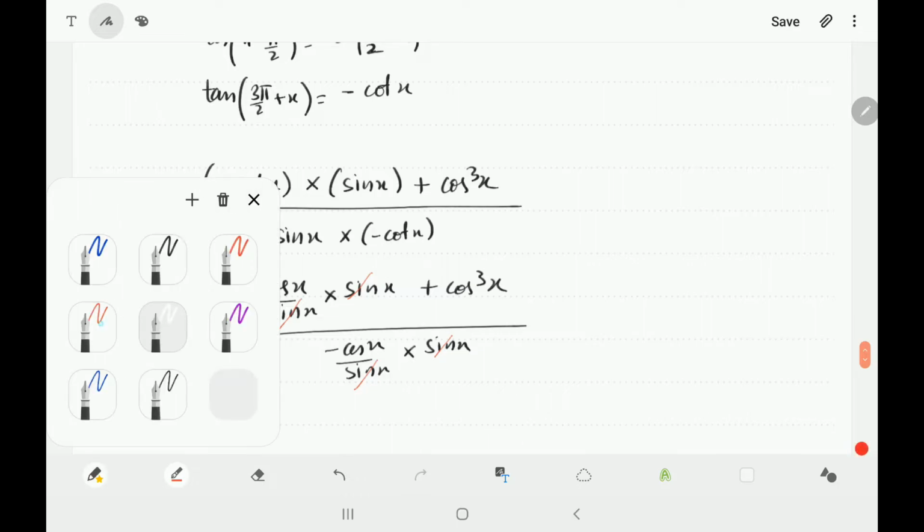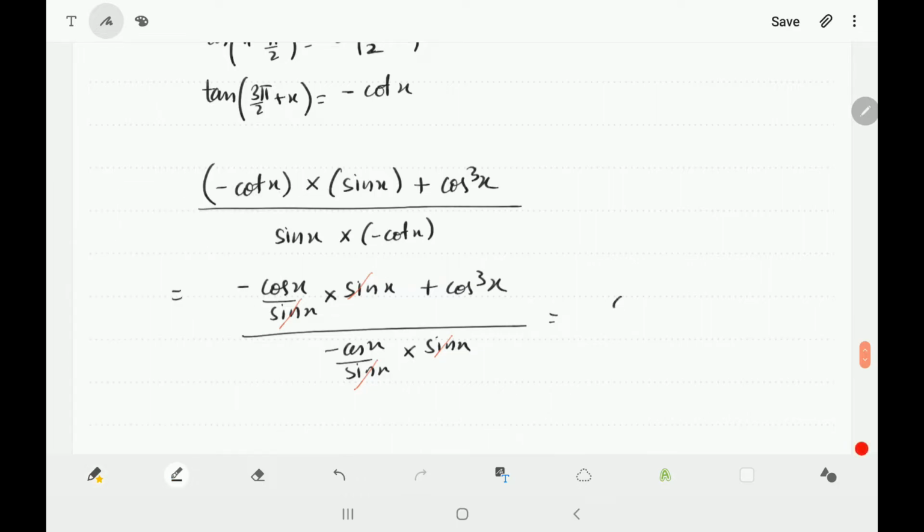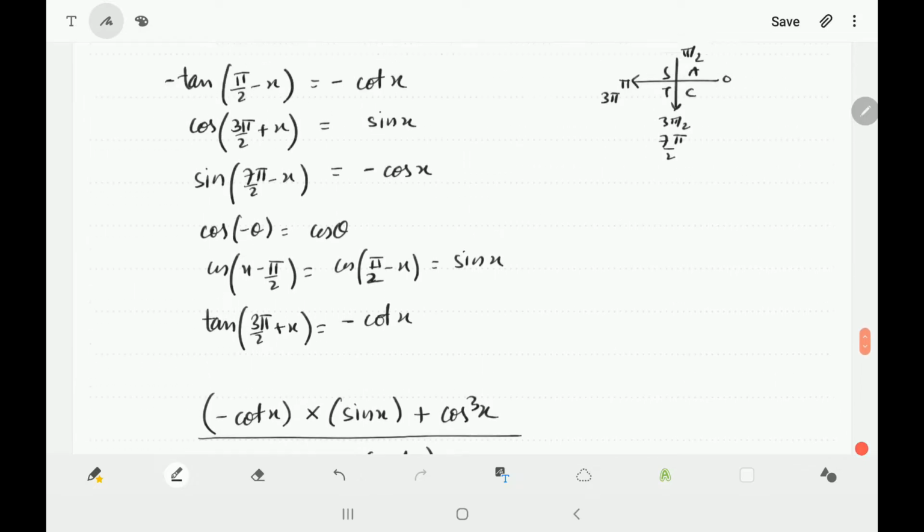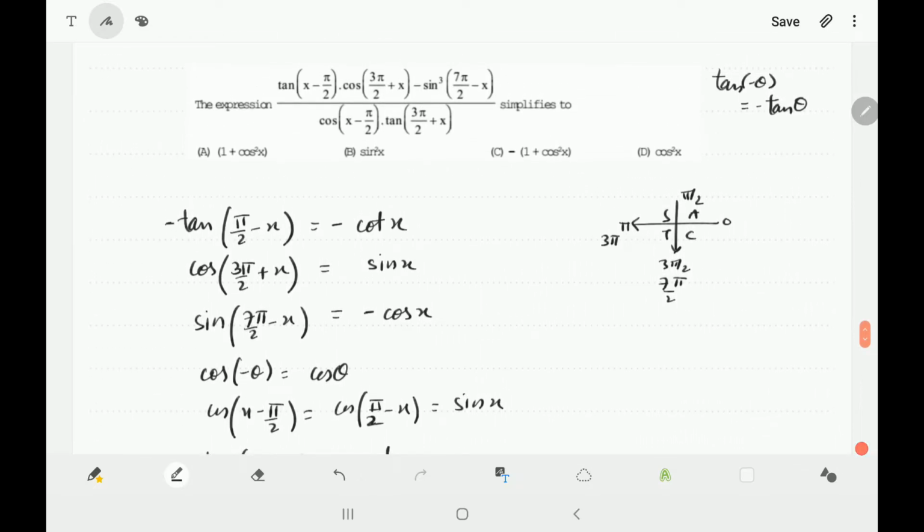So now you are left with cos x, you can take common, you will be left with cos square x minus 1, and we have a negative cos x in the denominator also. So we will be left with 1 minus cos square x, which is sin square x. So let's see whether this is in the options or not. So sin square x is in the options, which is option B, and hence the answer of this problem is option B.